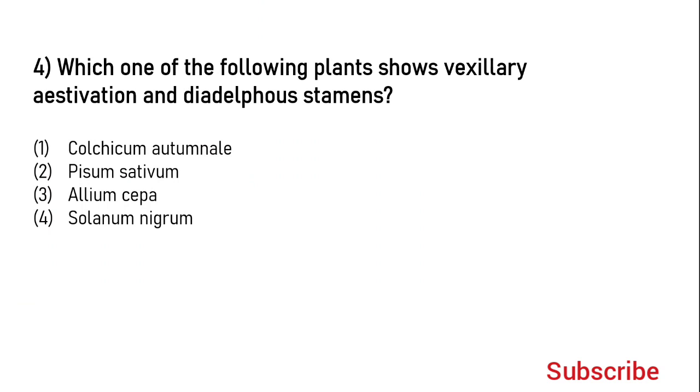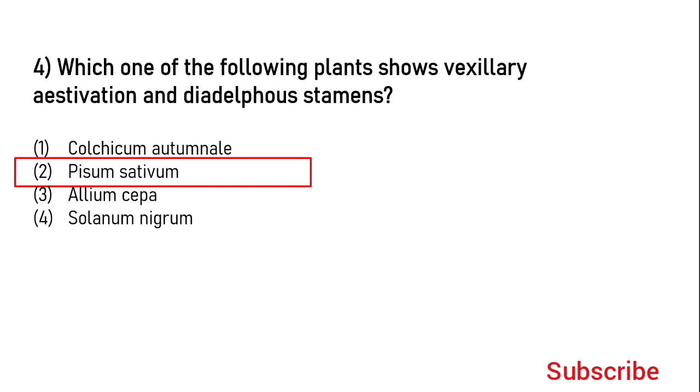Fourth question, which one of the following plants shows vexillary aestivation and diadelphous stamens? Option 1, Colchicum autumnale, Pisum sativum, Allium cepa, and Solanum nigrum. So your correct option will be Pisum sativum. See, vexillary aestivation and diadelphous stamens are characteristic features of which family?